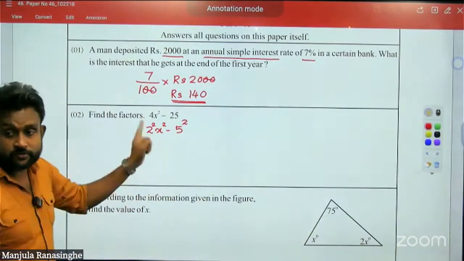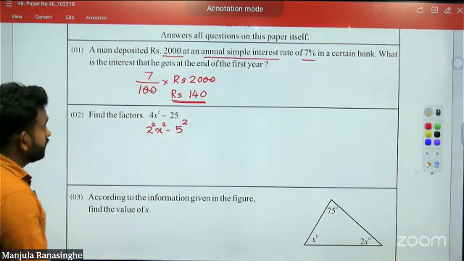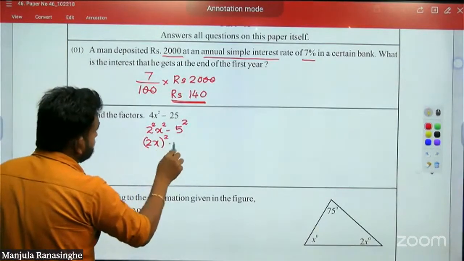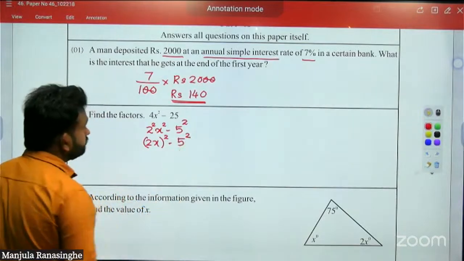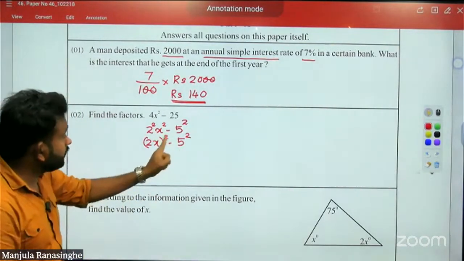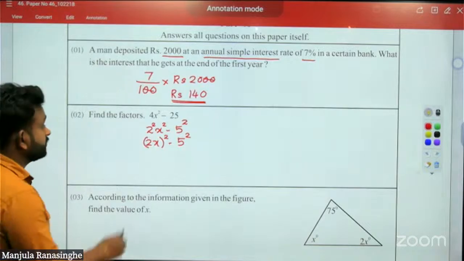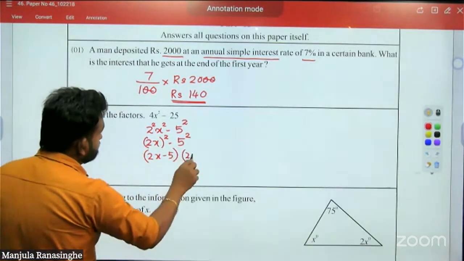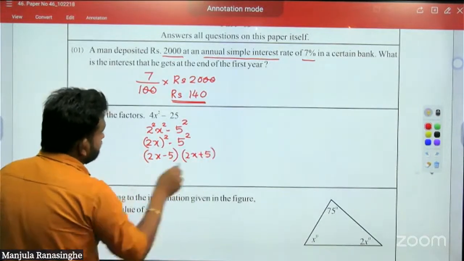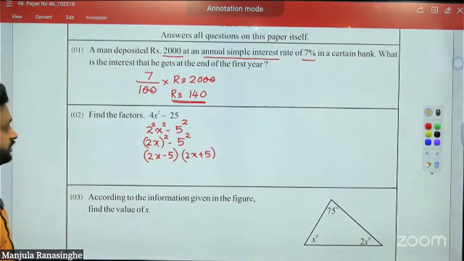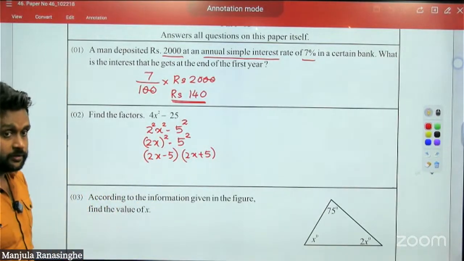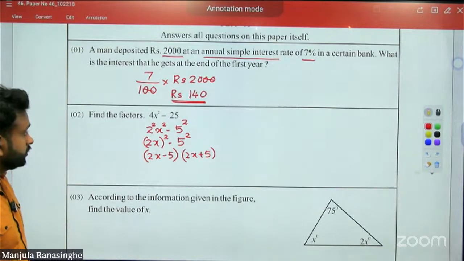Now the difference of two squares is built up: 2x squared minus 5 squared. So you write 2x minus 5 into 2x plus 5. This is the final answer, 2x minus 5 into 2x plus 5.